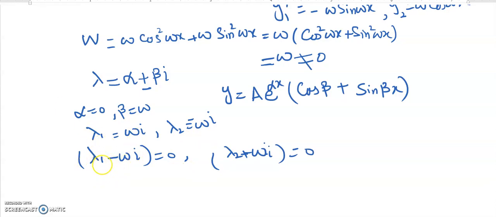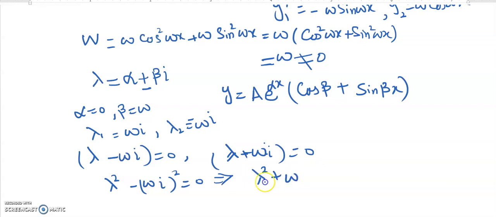Here we don't need to put the subscripts because now we are using lambda as variable. So it will be lambda square minus omega i square equal to 0. I square is minus 1, so it will be minus minus plus, so lambda square plus omega square is equal to 0.